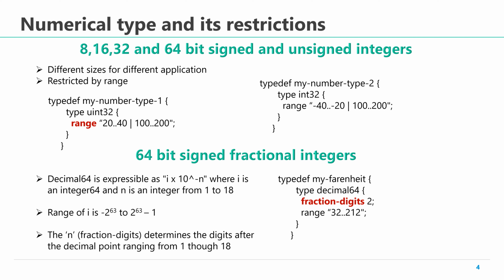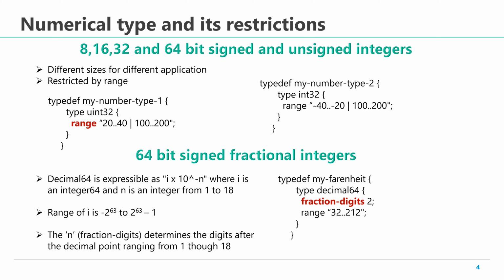To deal with fractional numbers, the decimal64 data type is available. Per YANG, the decimal64 data type is expressible as i multiplied by 10 to the power of minus n, where i is an integer of 64 bits and n is an integer from 1 to 18.